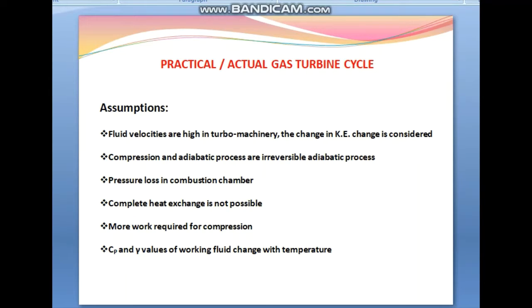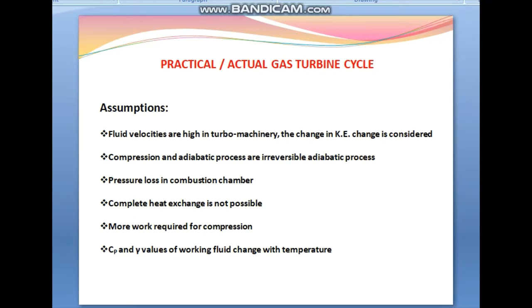Number three: fluid friction results in pressure losses in the combustion chamber and heat exchangers, and also in the inlet and exhaust ducts. Number four: complete heat exchange is not possible in the heat exchanger.